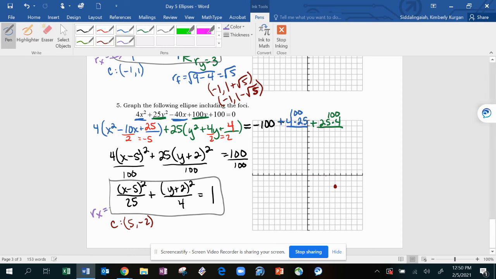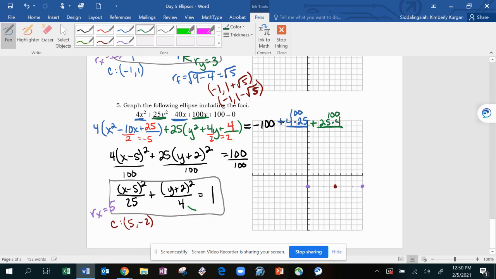If I take the square root of 25, that tells me my x radius is 5. So that means I'm going to count right 5 and left 5 from the center. 1, 2, 3, 4, 5. And then 1, 2, 3, 4, 5. Ooh, right on the y-axis.